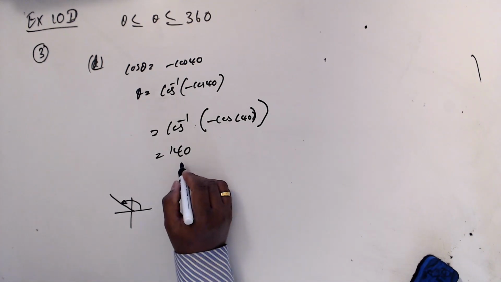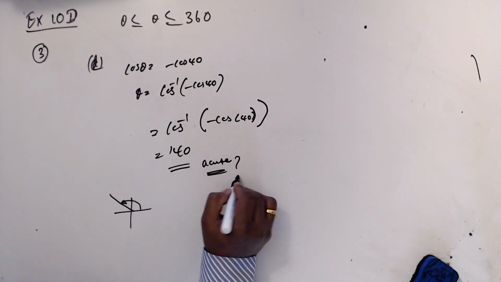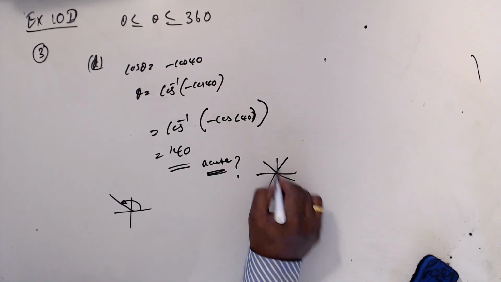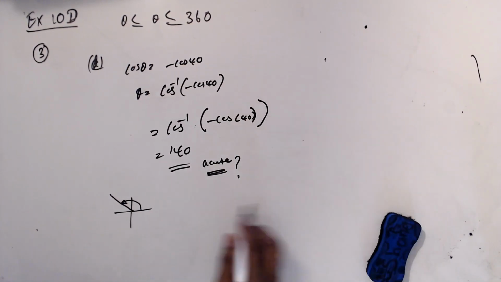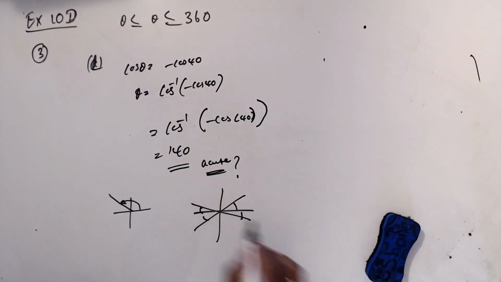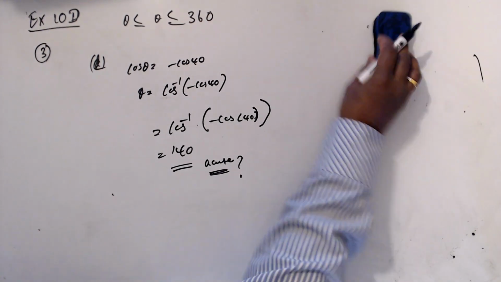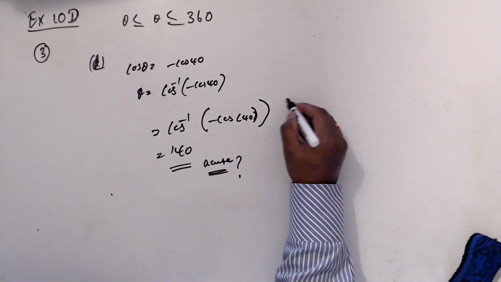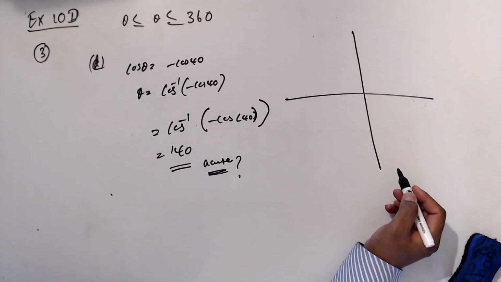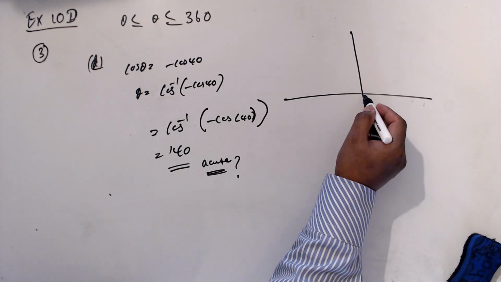In this sum you can see this is not an acute angle. So I can't write like this now. If it is acute, that's what we did. Now how do we do this one? We'll mark this angle first.